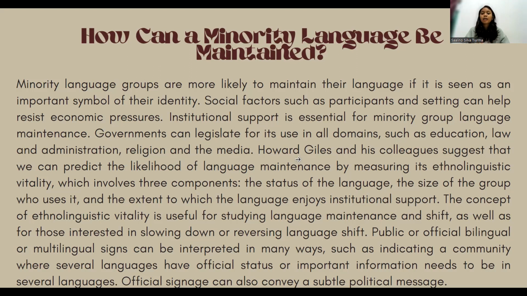The second one is the size of the group who use it, and the third is the extent to which the language enjoys institutional support. So the concept of ethnolinguistic vitality is useful for studying language maintenance and shift, as well as for those interested in slowing down or reversing language shift.